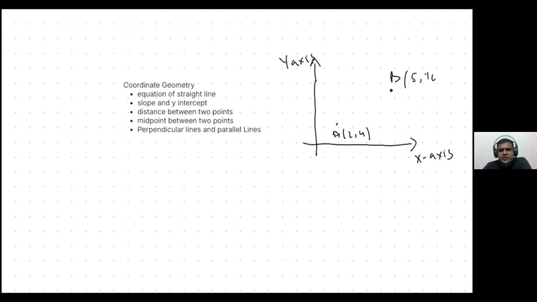If we construct a straight line, we have a general straight line formula: for every x value, there's a y value, y equals mx plus c. m is the slope. x is the x variable and y is the y variable. c is a constant which we call the y-intercept.